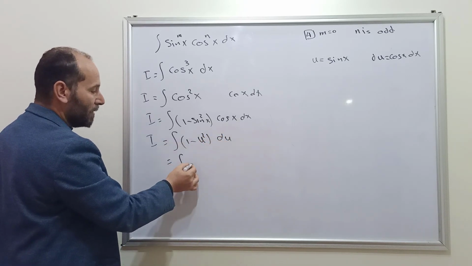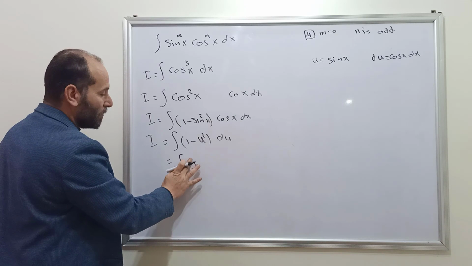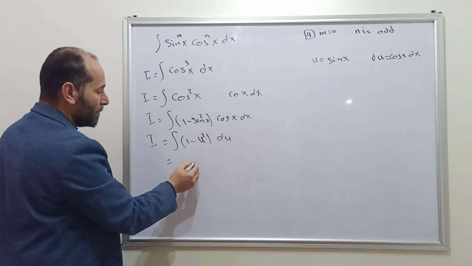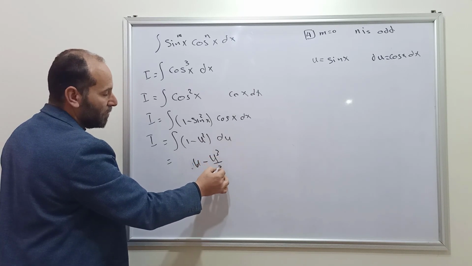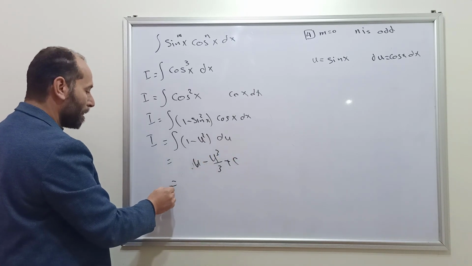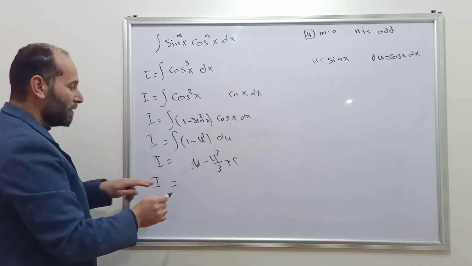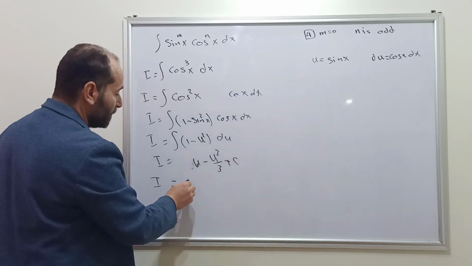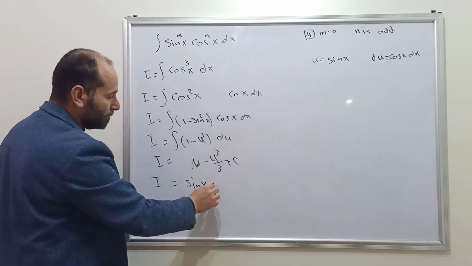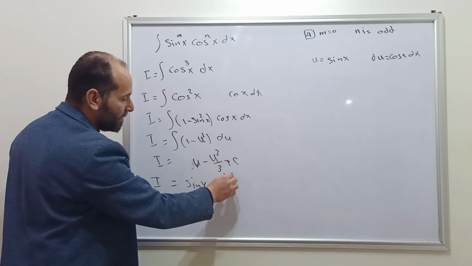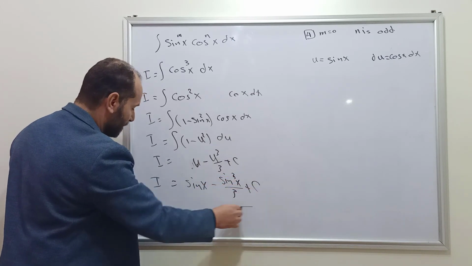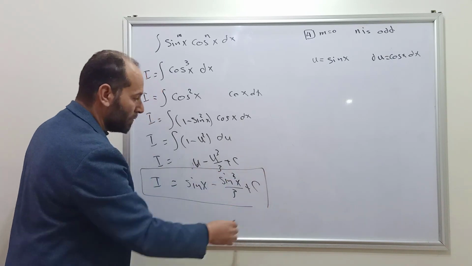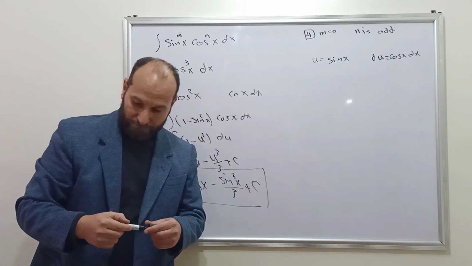This integration directly equals u minus u power 3 over 3 plus c. So with u equals sine x, it is sine x minus sine power 3 x over 3 plus c. This is the value of the integration.